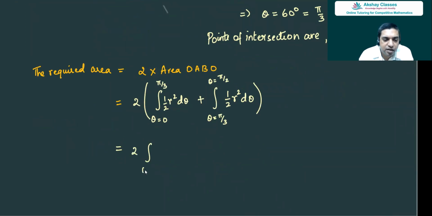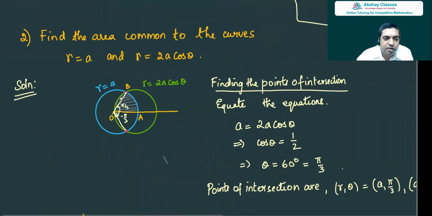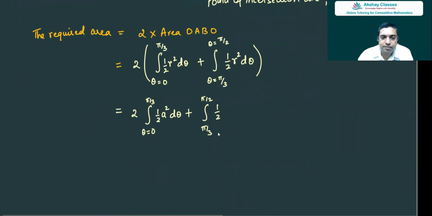2 integral theta equal to 0 to pi by 3 of half r, that is A square d theta. Straightforward. Plus integral pi by 3 to pi by 2 of half r. The green part is 2a cos theta.